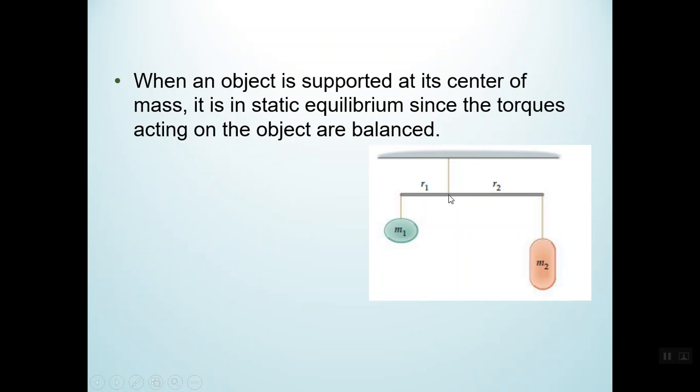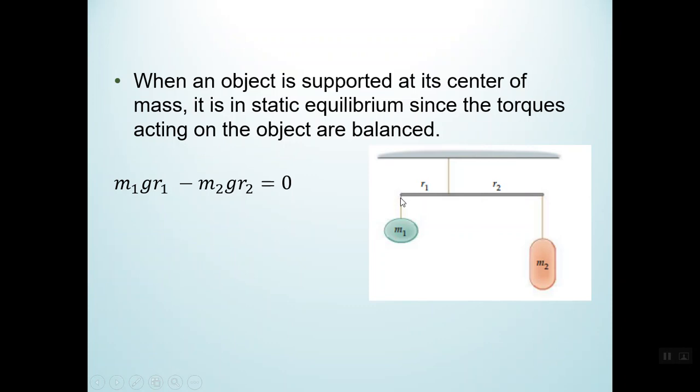We can express the net torque as m1 g r1, this is the force m1 g exerted at this point, minus m2 g r2 is equal to 0. And here we have the minus with m2 because this is clockwise rotation.